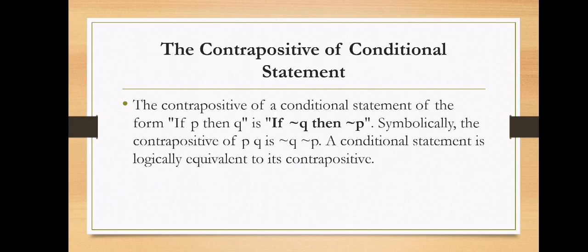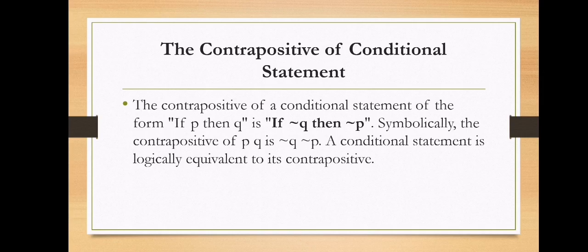So we have here the contrapositive of a conditional statement. The contrapositive of a conditional statement of the form if P then Q is if not Q then not P. Symbolically, the contrapositive of P implies Q is not Q implies not P. A conditional statement is logically equivalent to its contrapositive.